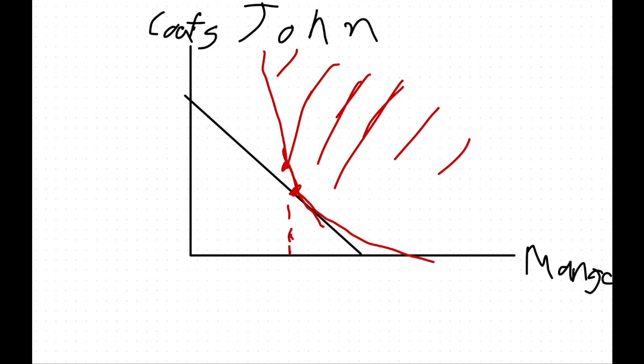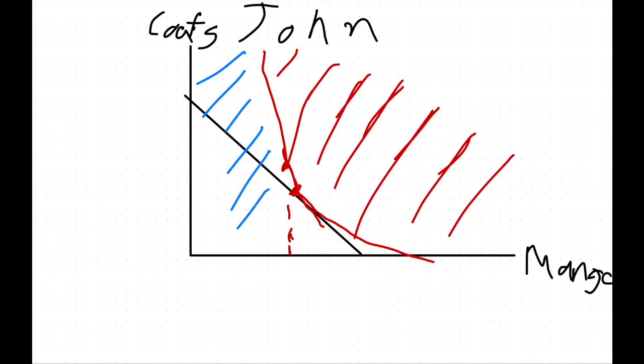All of these would be better, and anything to the left would be worse. I would not be willing to switch to that bundle of goods. So in that case, this curve here in the middle, the place where he is completely indifferent, where he doesn't care, is called an indifference curve.